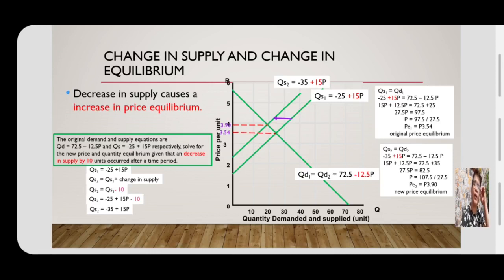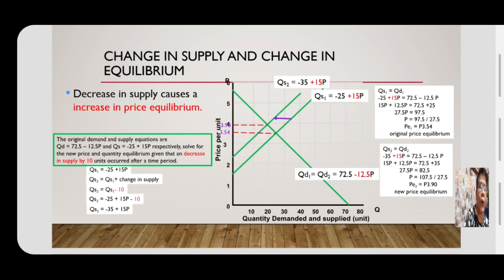And now that we have derived the new supply curve, and we already have the original supply curve and original demand curve, we can now solve for the original price equilibrium. To solve for it, we equate the original supply equation to the original demand equation.